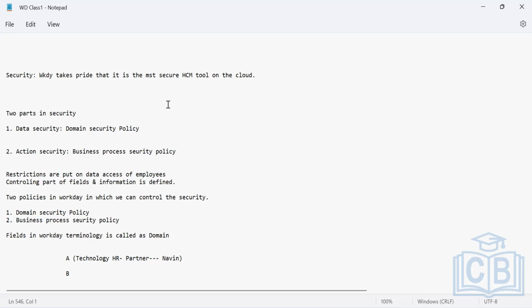So I'll give you an example. Everybody, wherever they are working, will be able to see your compensation details, right? This is my package, this is my fixed number, this is my variable pay. So you are able to only see that.